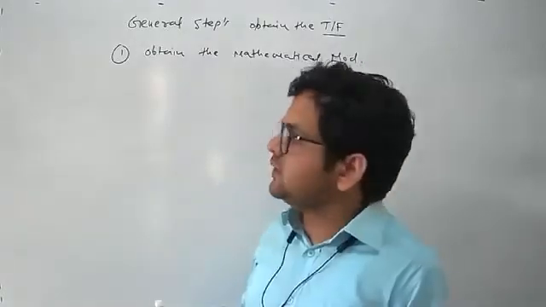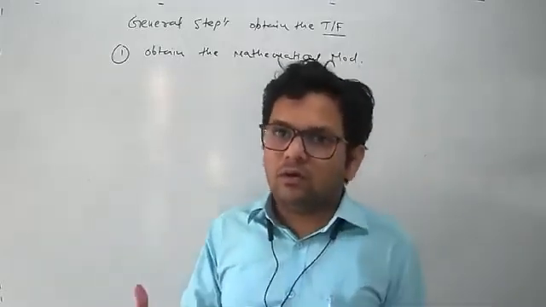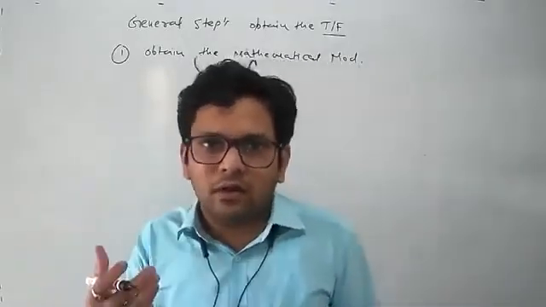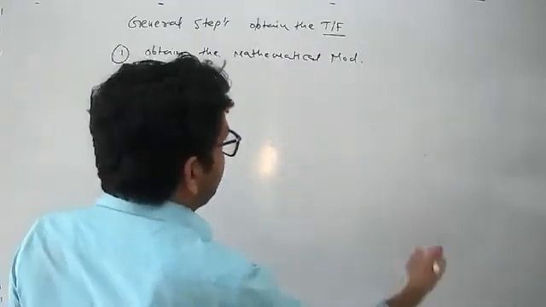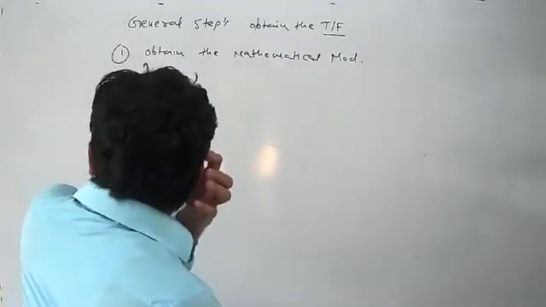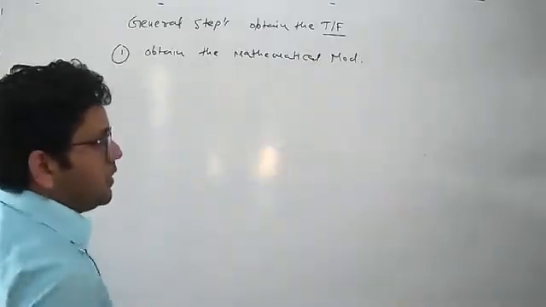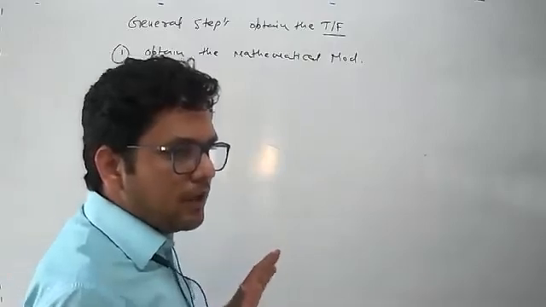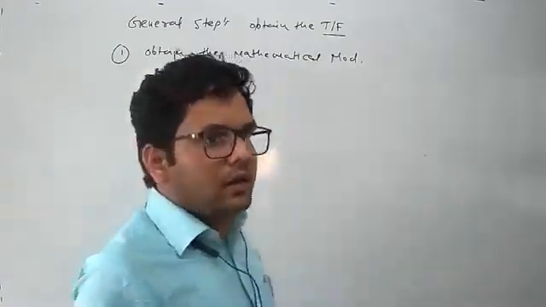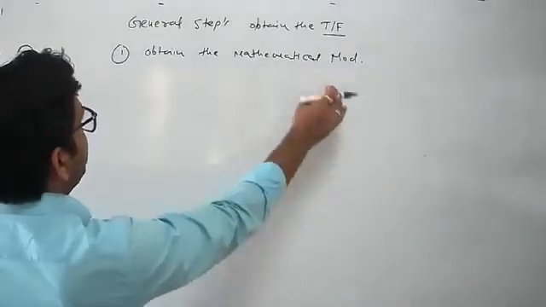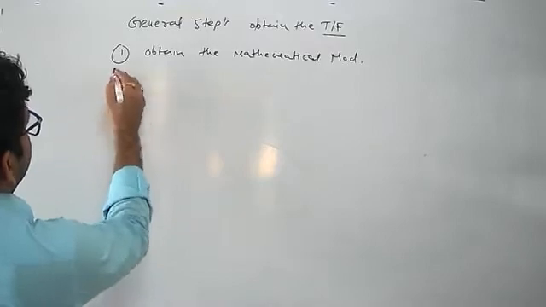Our first step is to formulate the mathematical modeling of the given circuit, either by applying Kirchhoff's current law or Kirchhoff's voltage law. So ultimately we have some set of mathematical equations. It may be a differential one, an algebraic one, or an integro-differential equation. But the thing is that in step number one, we need to obtain the mathematical modeling of our given system.